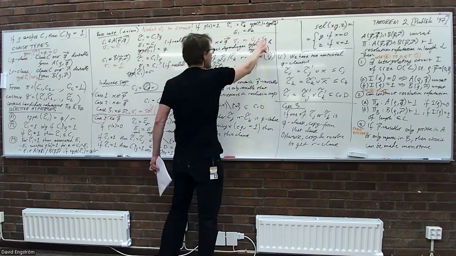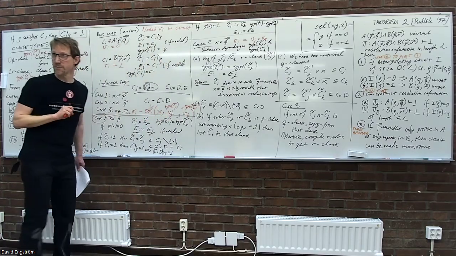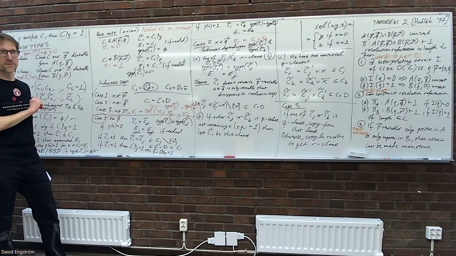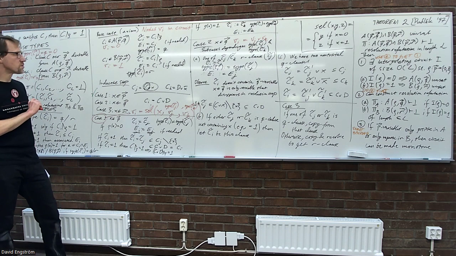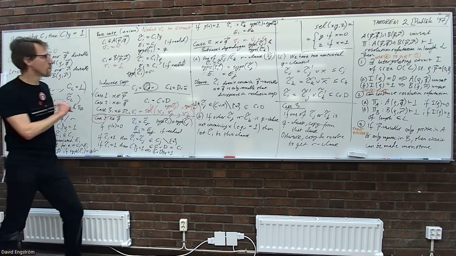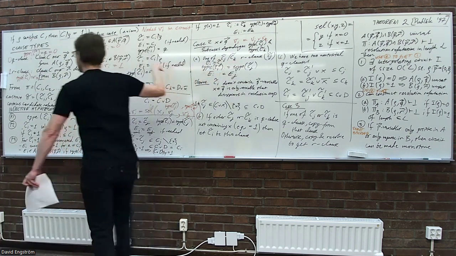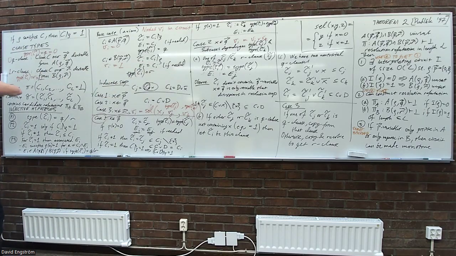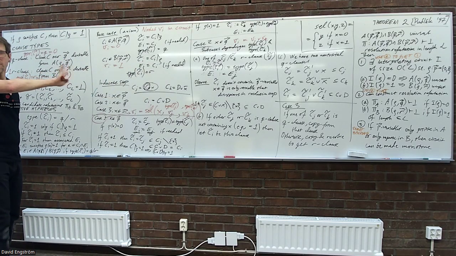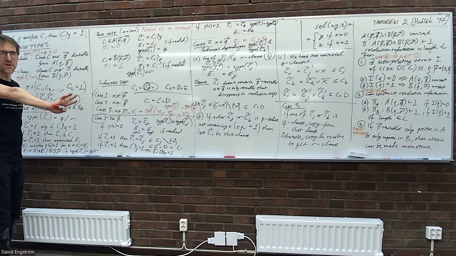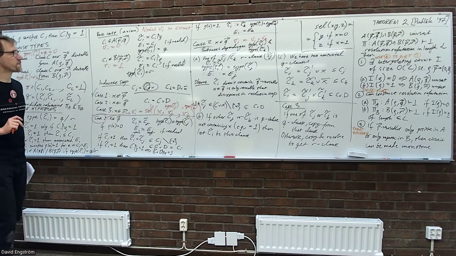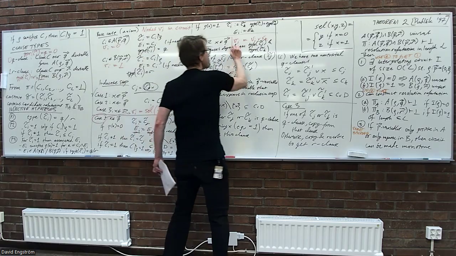But if both of them are Q clauses, we'll get a Q clause. So this is just an OR gate. Are we happy with this? If one of them was an R clause, if one of them was one, then we're going to be one. If both of them are zero, we're going to be zero. That's an OR gate. Okay?